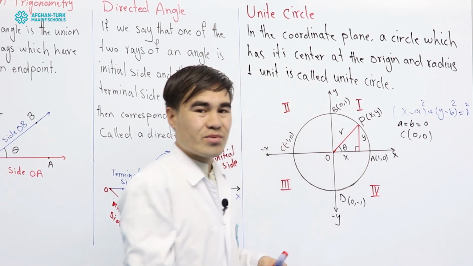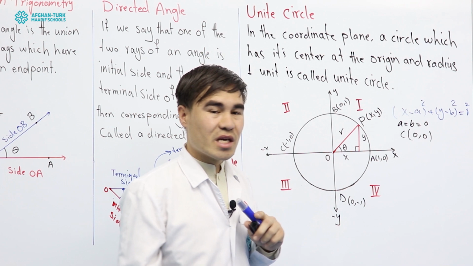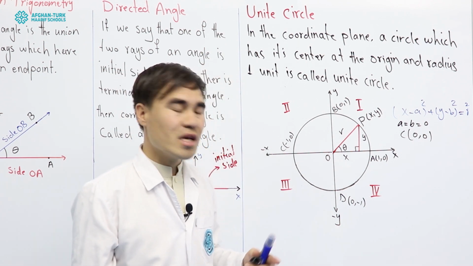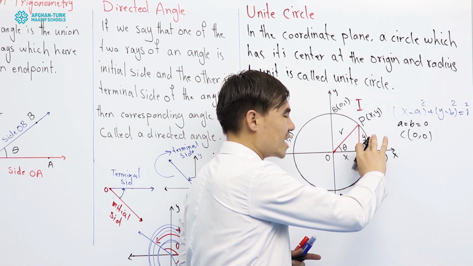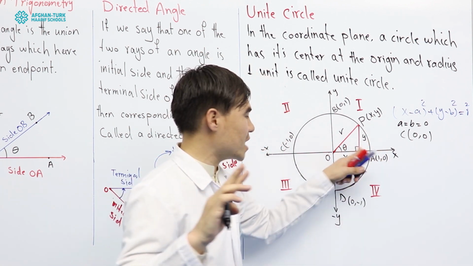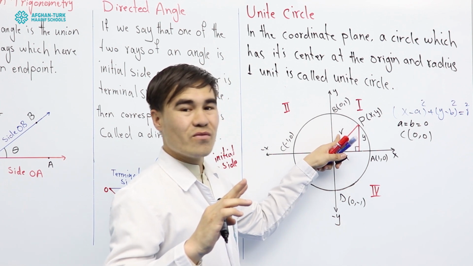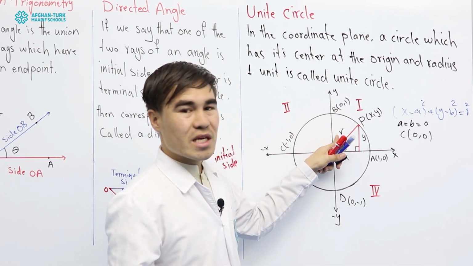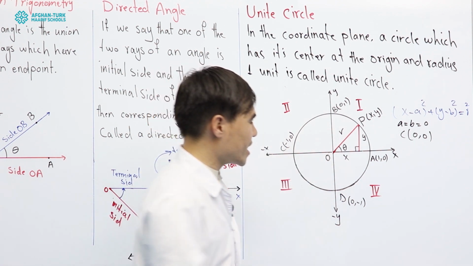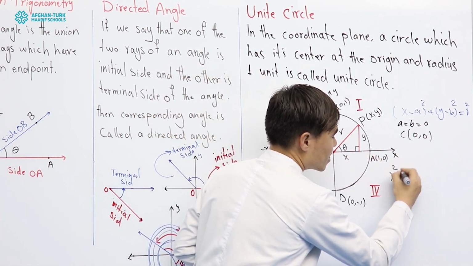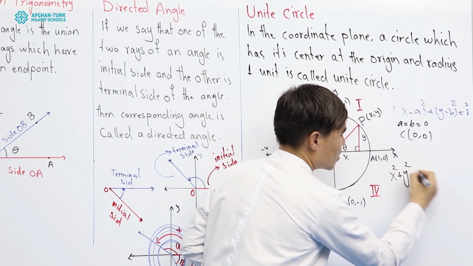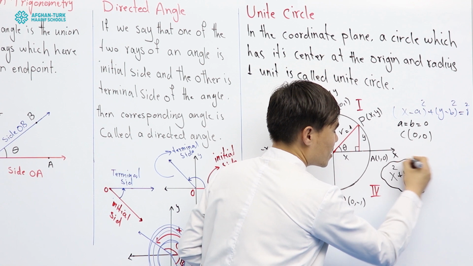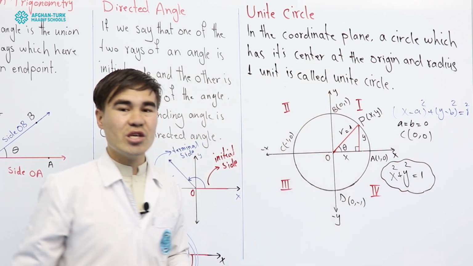According to the Pythagorean theorem, the sum of the squares of the two sides is equal to the square of what? The radius, or the hypotenuse of that right triangle. Here, x squared plus y squared is equal to 1, since the radius is 1. This is the equation of a unit circle.